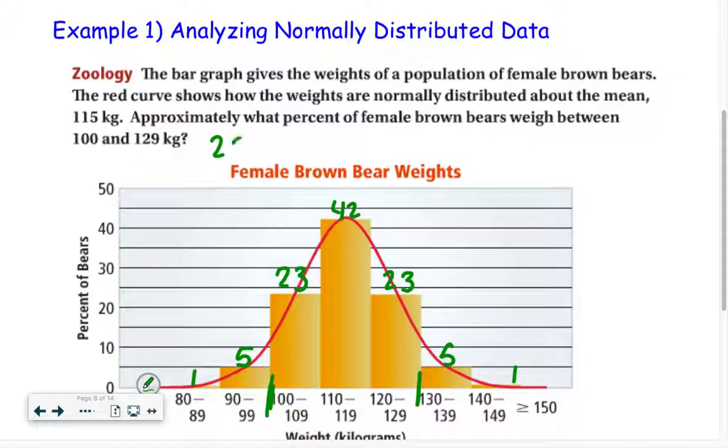Take 23 plus 42 plus 23. And so what percent weigh between 100 and 129? How about 88? Okay, questions there?